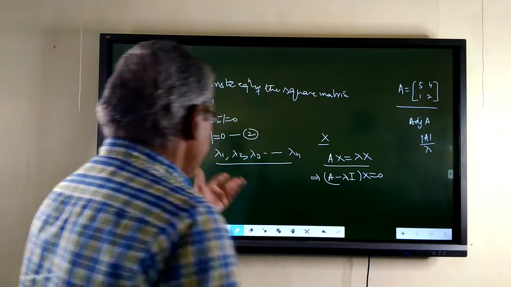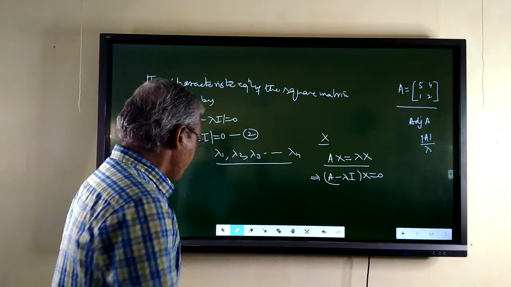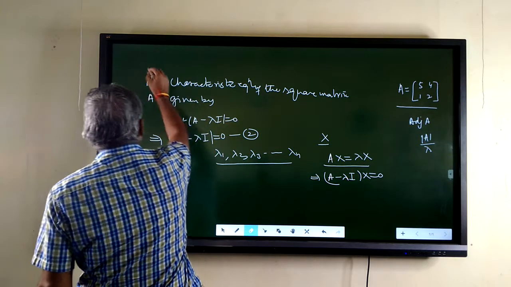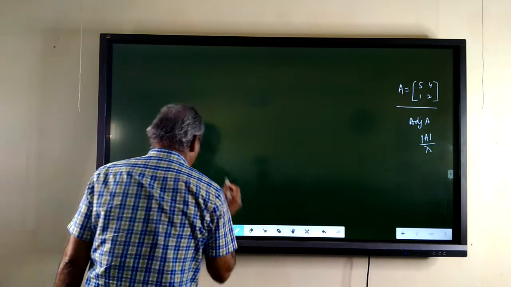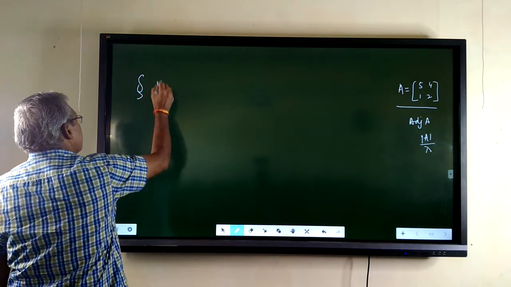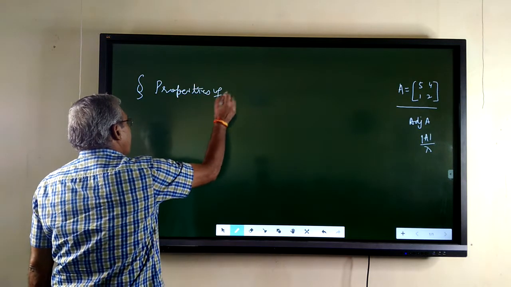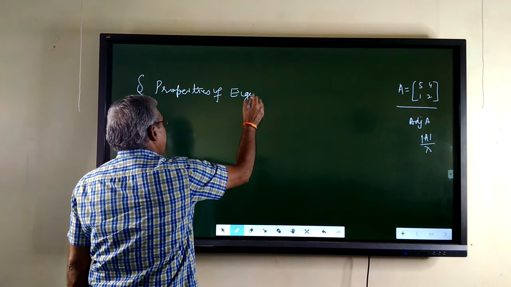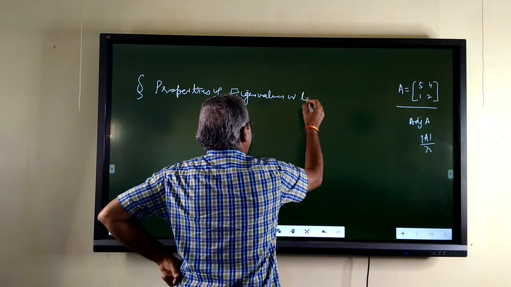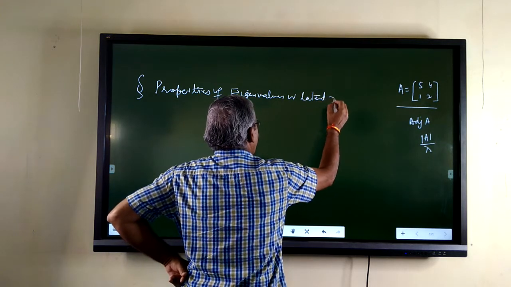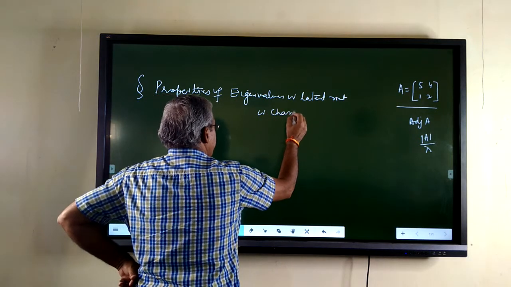Now we discuss the properties of eigenvalues, also called latent roots or characteristic roots.